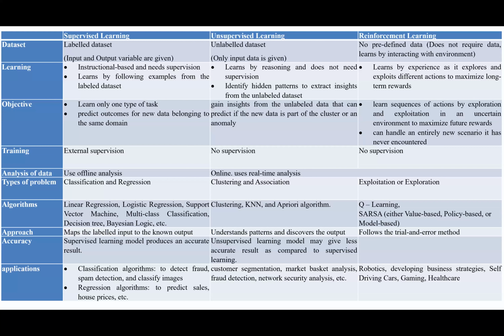Let me tell you the difference. Suppose you are feeding the machine labeled data, and let us assume that the labeled data includes images of cat and dog only. Okay, so it has learned this type of task.